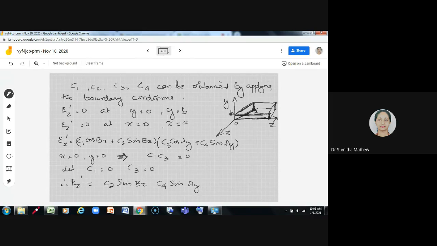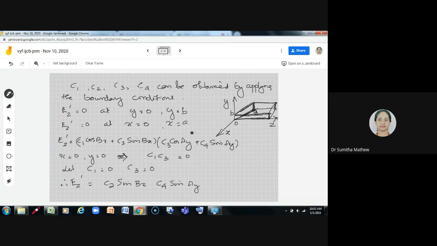So at these boundaries, we know that the tangential electric field is 0. Ez dash is equal to 0. Tangential component is continuous, normal component is discontinuous, that we have obtained. So applying that, Ez dash is equal to 0 at y equal to 0 and y equal to b. Similarly, Ez dash is equal to 0 at x equal to 0 and x equal to a.